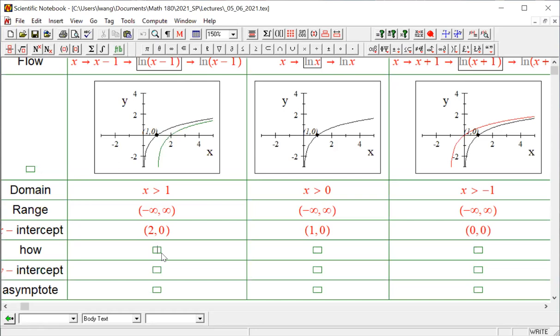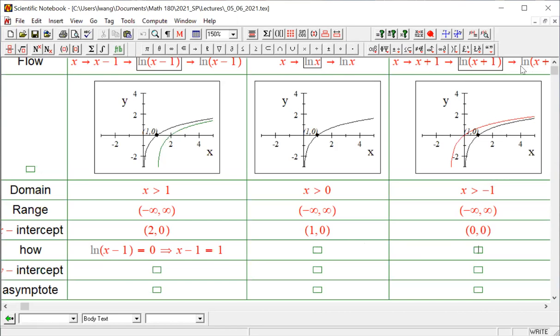And the how-to is pretty straightforward, right? You just set ln(x) minus 1 equals 0, and then you will get x minus 1 equals 1, and that's how we get it done.